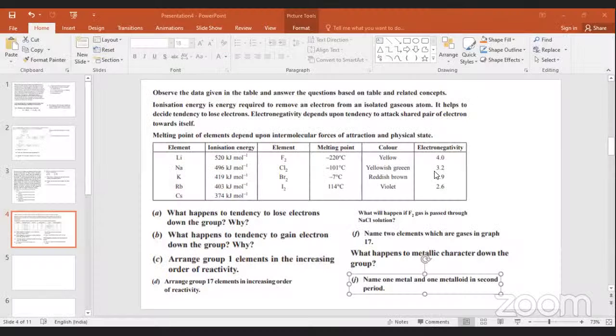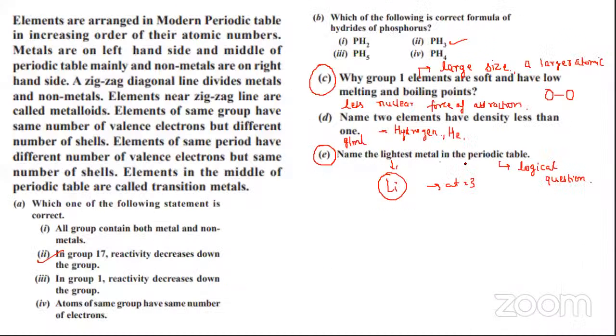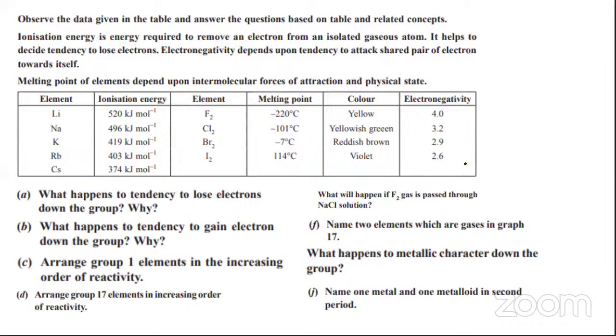Okay, here is your next question. We have been given some data here, and the logic is ionization energy is the energy required to remove an electron from an isolated gaseous atom. It helps to decide the tendency to lose electrons.